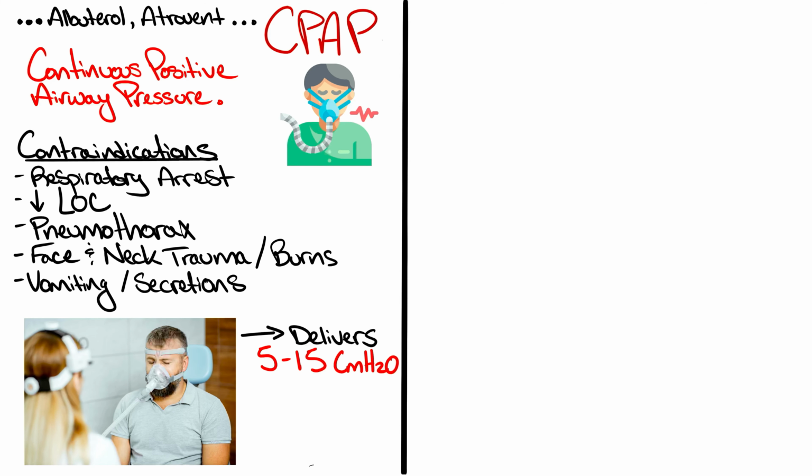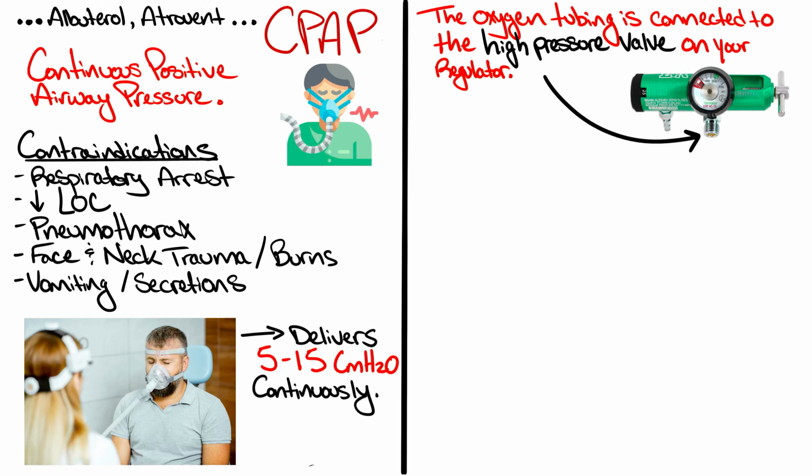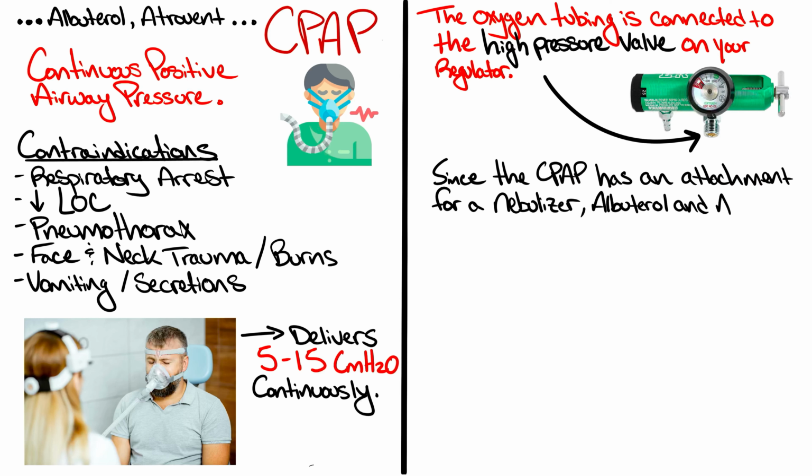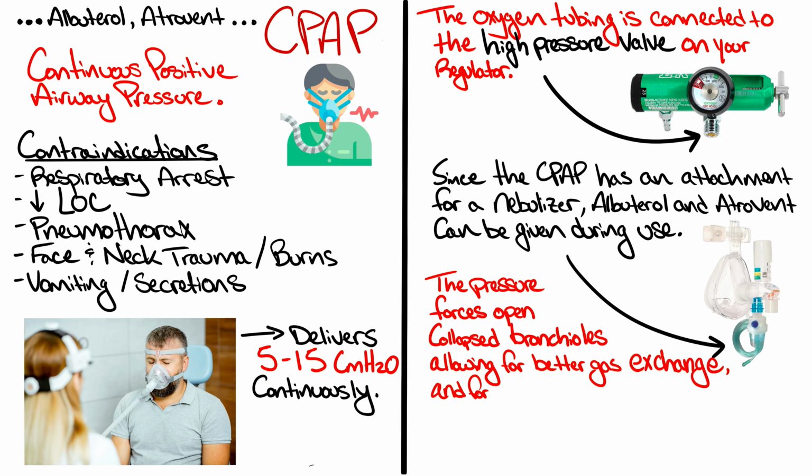Typically, you'll see pressures of 5 to 15 centimeters of H2O on your EMS CPAPs. The oxygen tubing is connected to the high pressure valve on your regulator. Since the CPAP has an attachment for a nebulizer, albuterol and Atrovent can be given during use. The pressure from the CPAP forces open the collapsed bronchioles, allowing for better gas exchange and for the medications to be delivered.